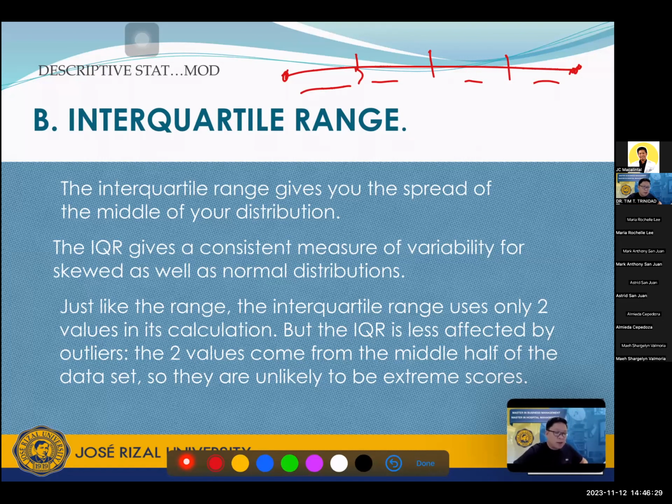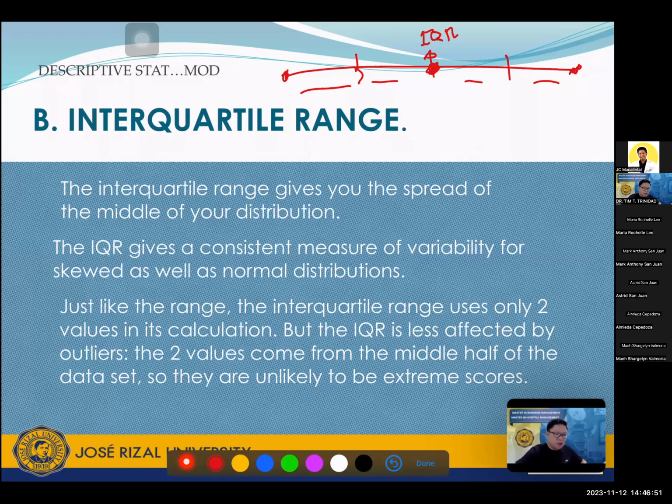The interquartile range gives you the spread of the middle of your distribution. So when we talk about the interquartile range, we talk about the middle. The interquartile range gives a consistent measure of variability for skewed as well as normal distributions.